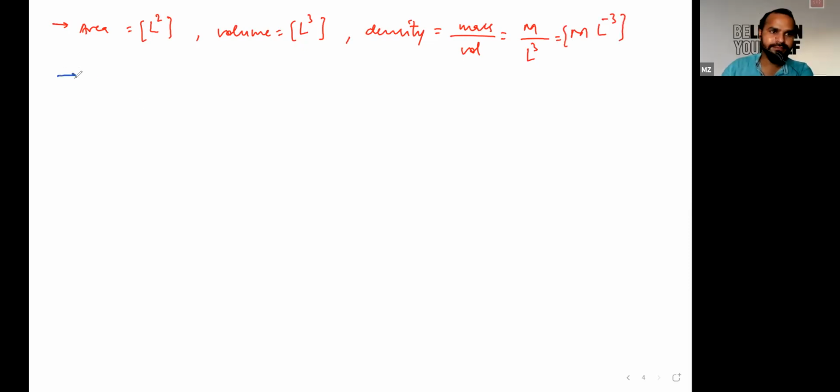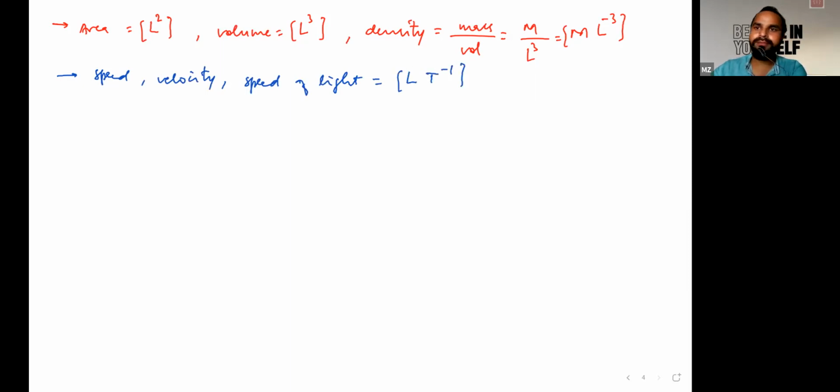Similarly, speed, velocity, and speed of light: this whole group defines L T to the power minus 1.